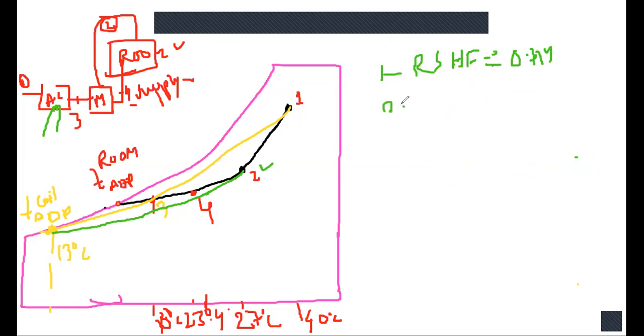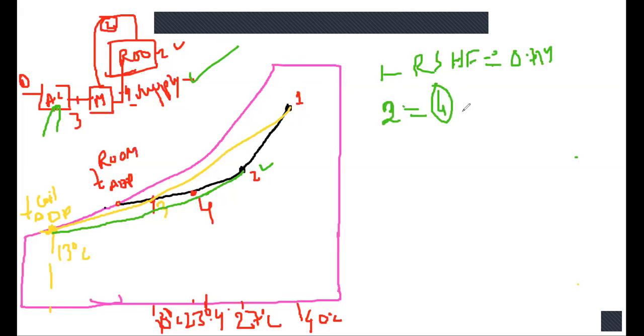Now point 2, the condition of air entering the auditorium. Condition number 2, the condition of air entering the auditorium. That means this is point 4.